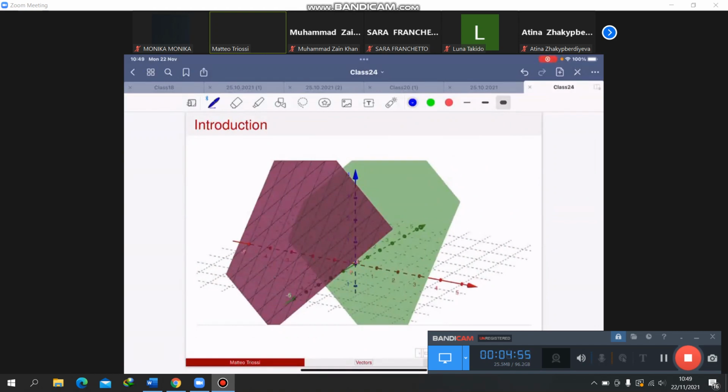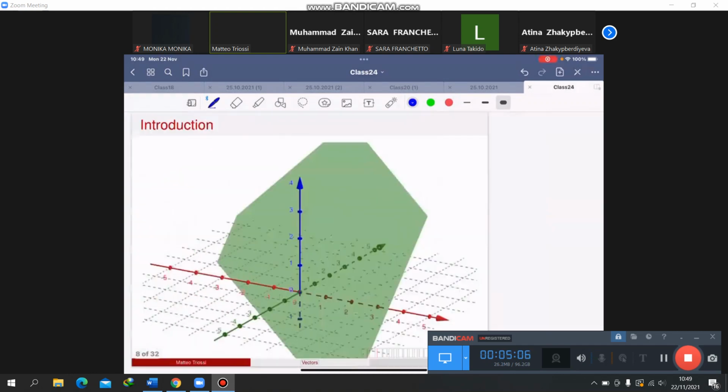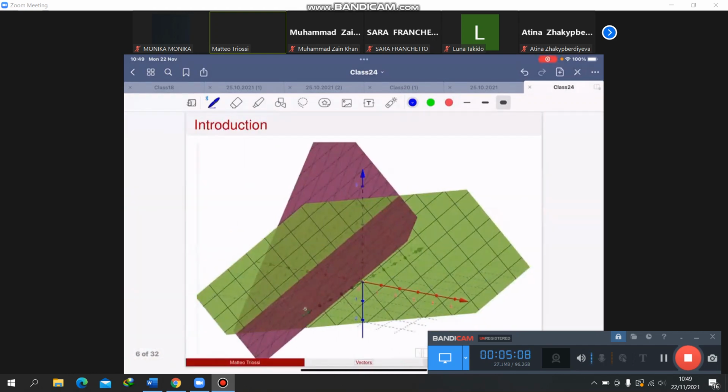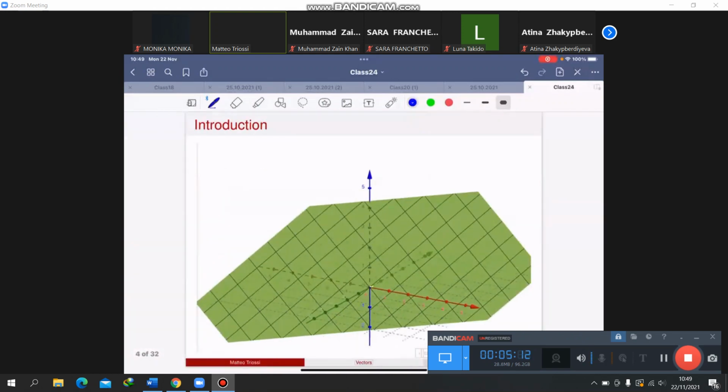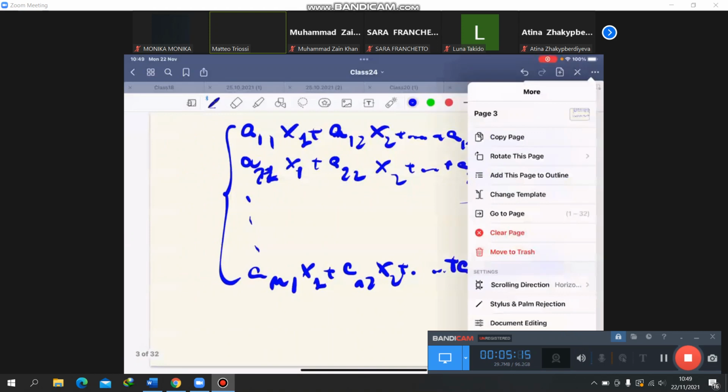But if you think of what we have seen previously, let me try to write a tangent plane.